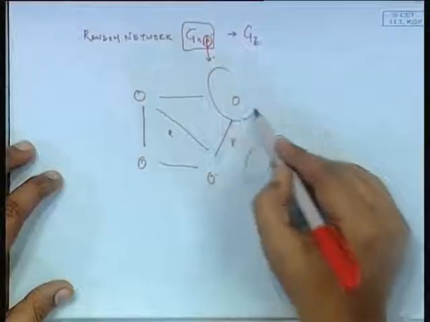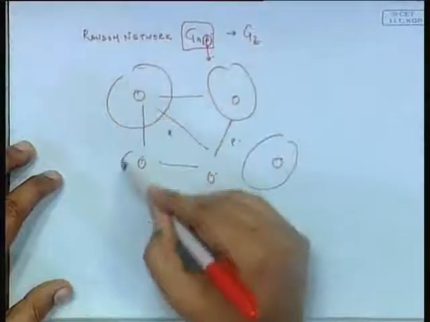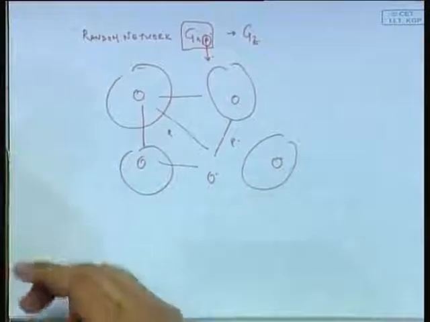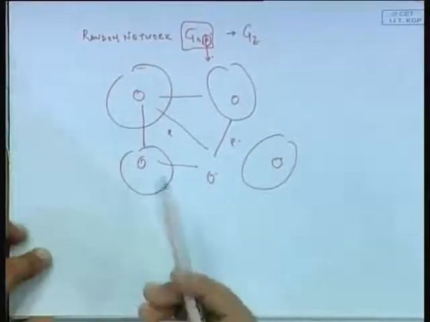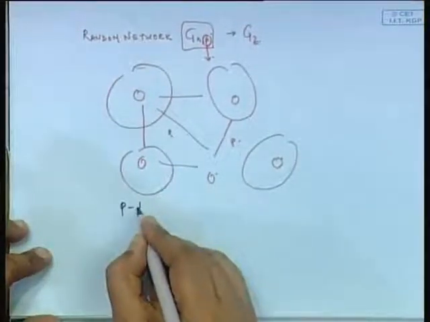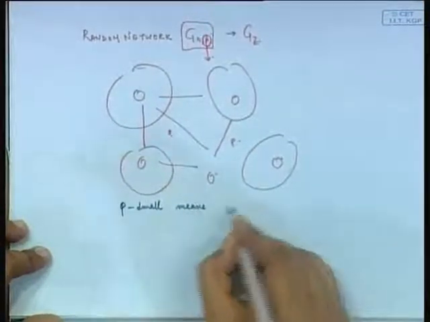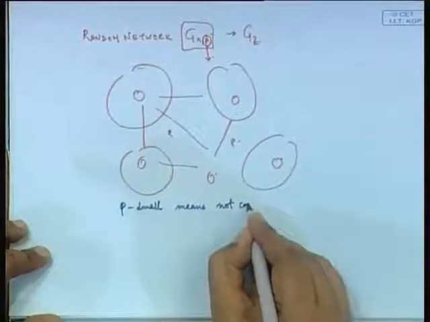Sparse means it will still be broken into various components. It will not be a connected network. P small means not connected.